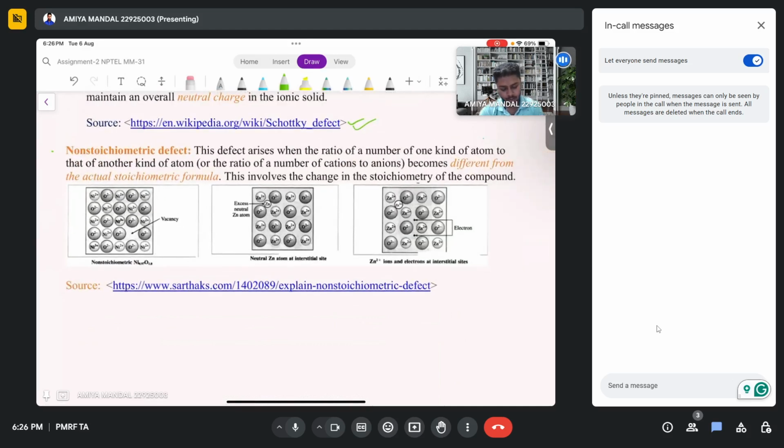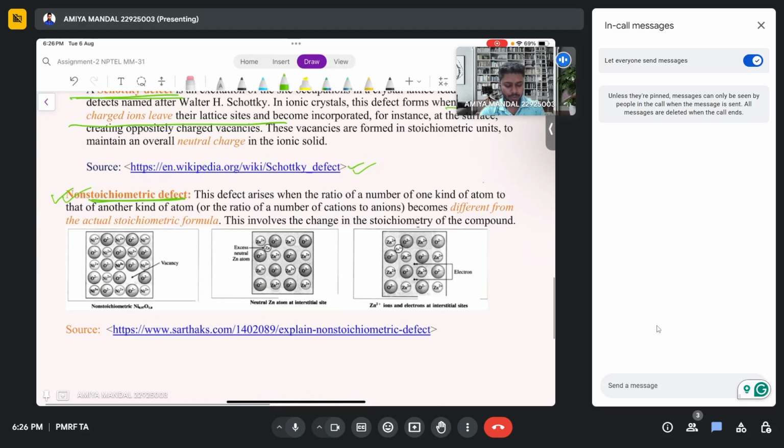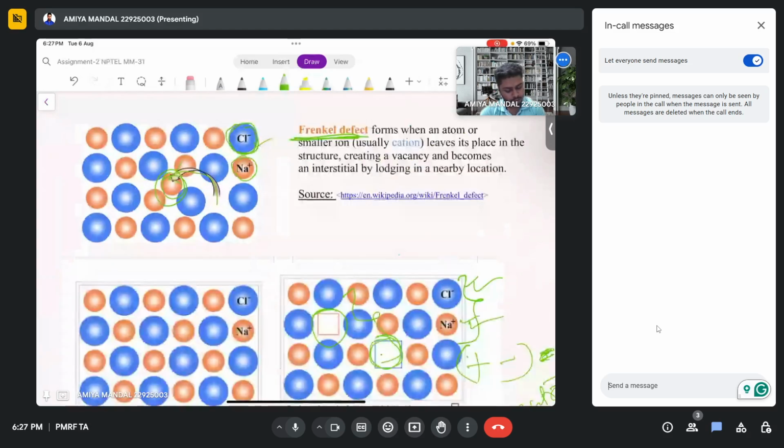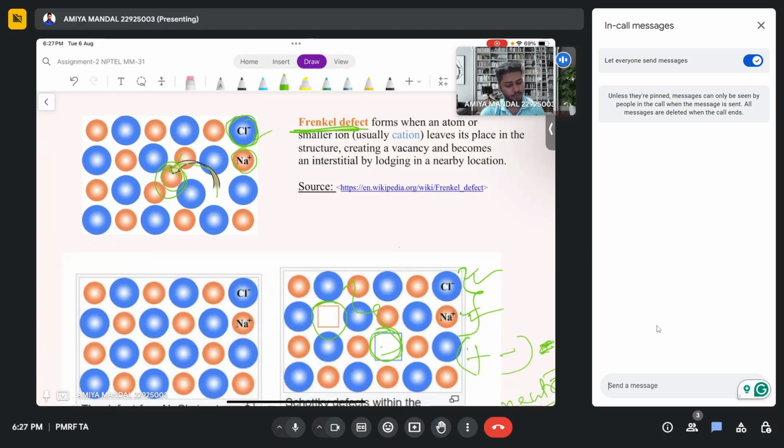And next is the non-stoichiometry defect. What is stoichiometry? Stoichiometry means the number of cations and anions is not disturbed. It means if a sodium atom is replacing here, then no charge neutrality has been disturbed. It means no extra sodium or extra chlorine has been put in the unit cell.